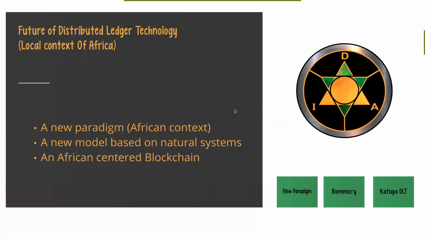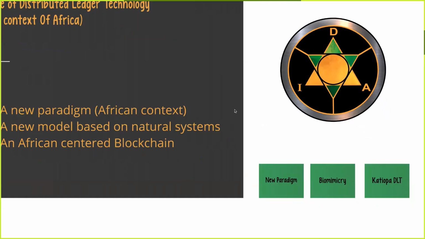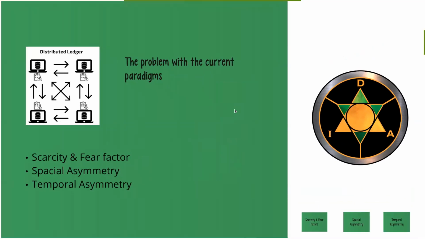Because very often I hear people presenting blockchain and saying, oh, in this context there's no internet, in this context there's no electricity, and so on. Yes, we need to deal with that. That's the reality of our context, and we need to build systems that are reliable, resilient, and that take into consideration all those aspects.